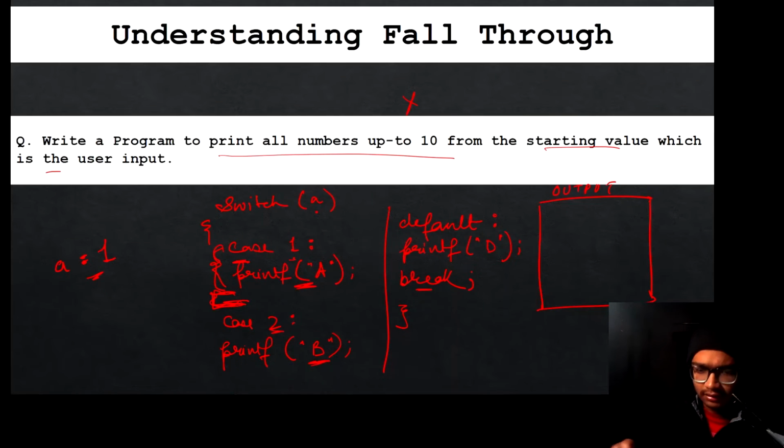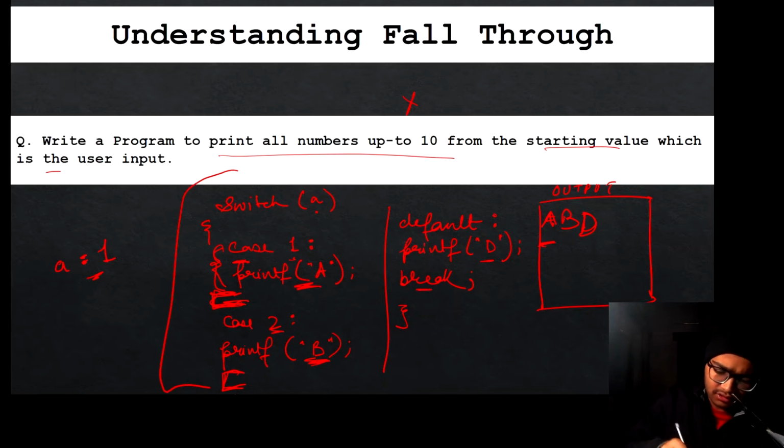A will be displayed, no break over here. B will be displayed, also no break over here. What is here? Default block also will be executed. So ABD will be displayed. So this was the implementation of fall through in a very simple way.